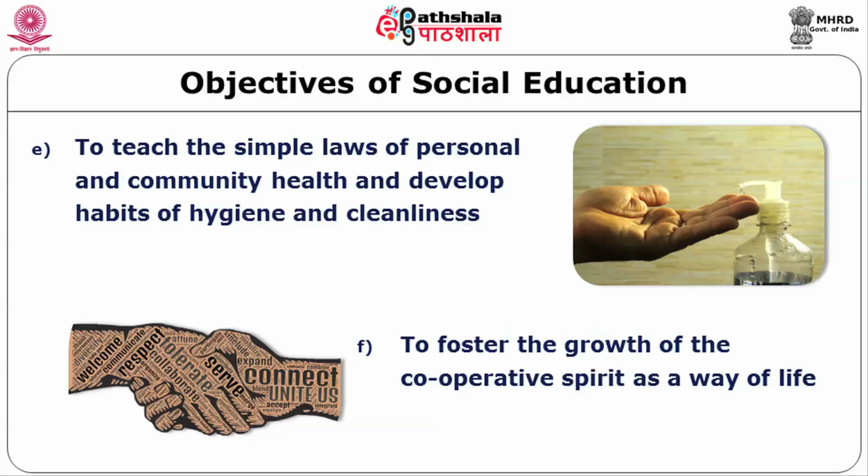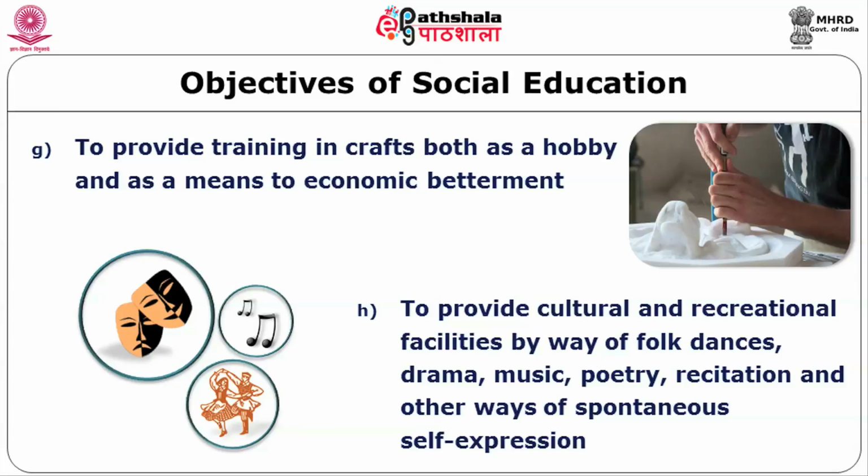F. To foster the growth of cooperative spirit as a way of life. G. To provide training in crafts both as a hobby and as a means of economic betterment. H. To provide cultural and recreational facilities by way of folk dances, drama, music, poetry, recitation and other ways of spontaneous self-expression.